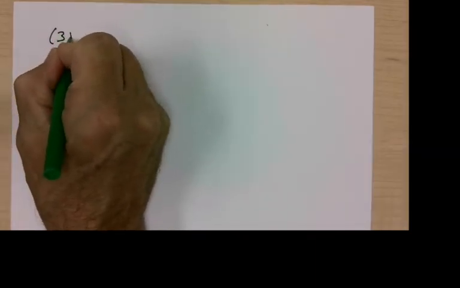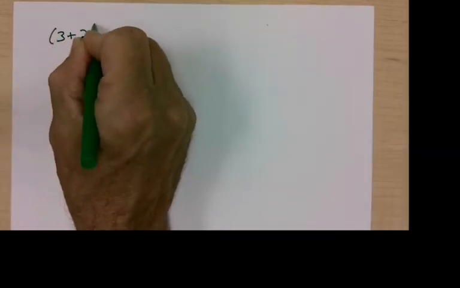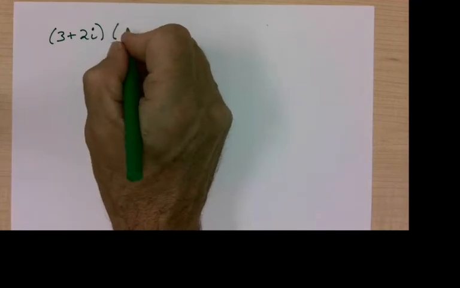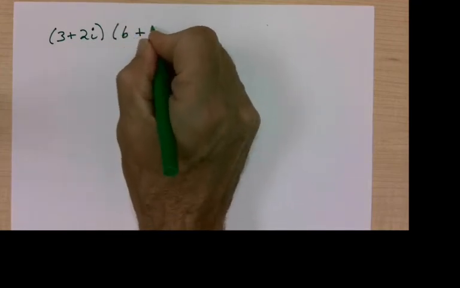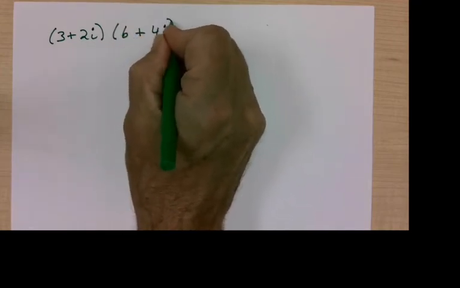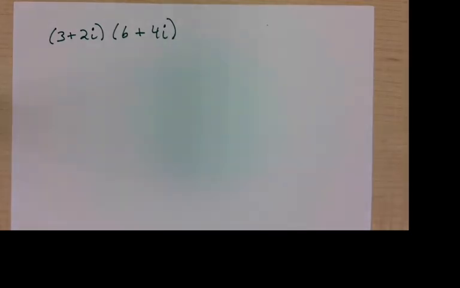So let's go ahead and do another multiplication problem with complex numbers. Let's take a look at 3 plus 2i times 6 plus 4i. And let's see how that behaves.